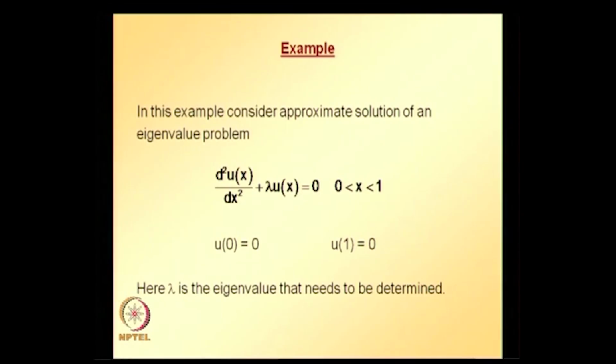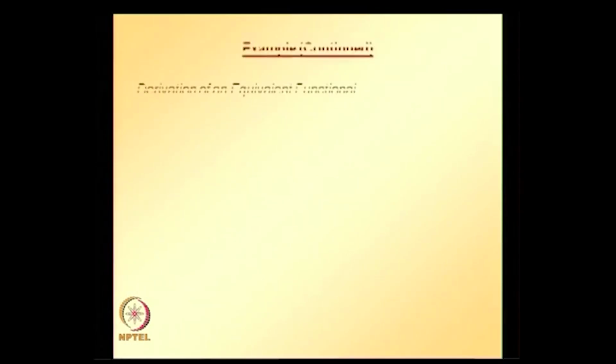Do not get scared with this lambda appearing here; you just follow the regular steps to obtain the equivalent functional, and then assume some trial solution, substitute the trial solution, apply the stationarity conditions, get the equations, and solve for the unknown coefficients. All those steps are the same.